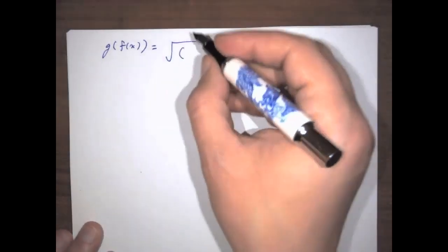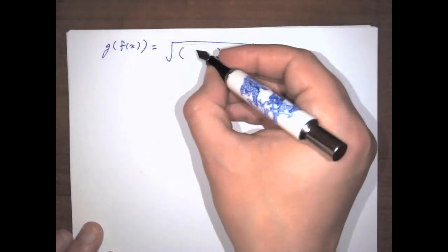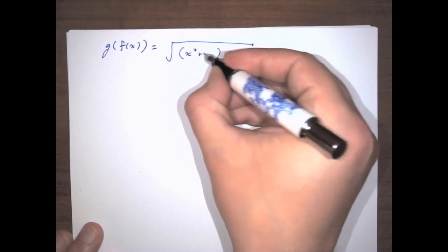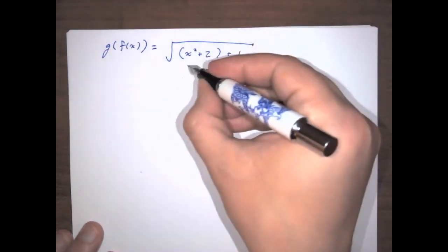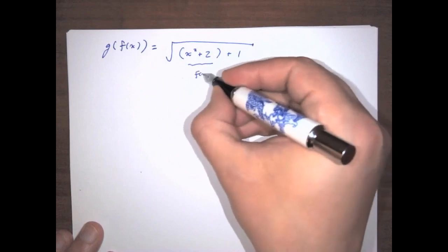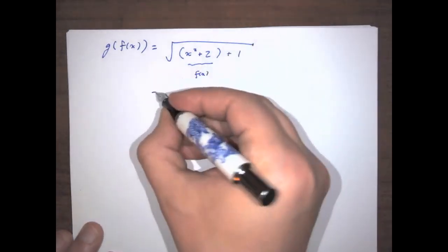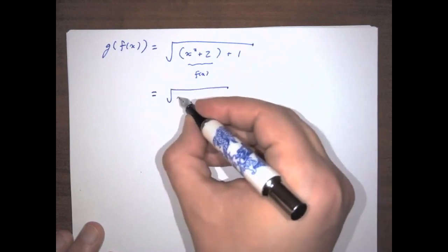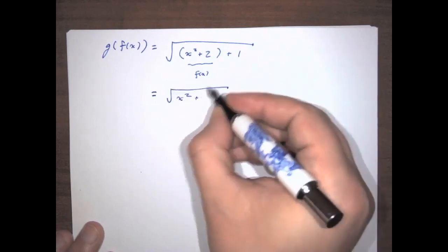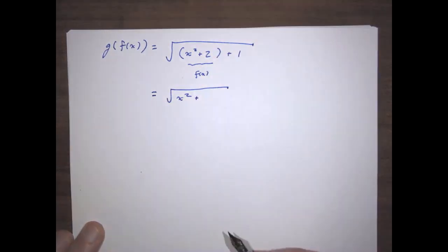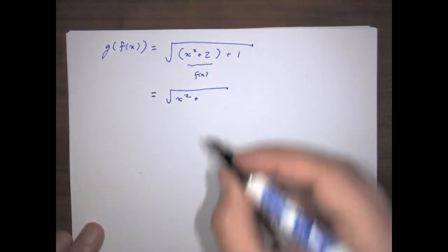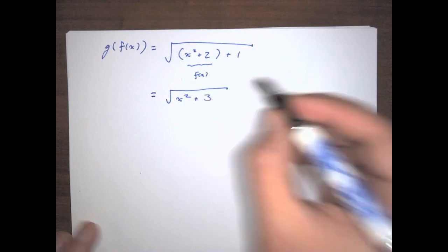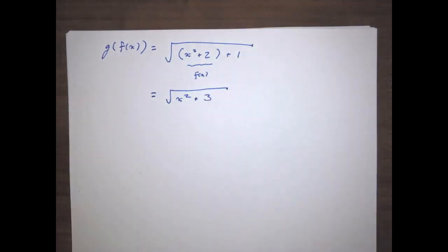So in here we put x squared plus 2, which is the formula for f of x. And we would do whatever simplification we could here. Those parentheses, I put them there to help me organize it, but they're not really accomplishing anything. So the 2 and the 1 are like terms, and they can be combined. And so we have that.